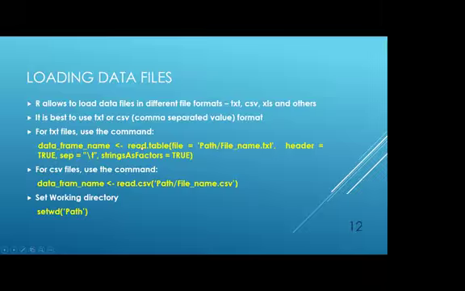Then you have to write read.table. Then you have to give the file name, including the path. And there are two options. One is called header equal to TRUE. Can anybody tell me what it means, header equal to TRUE?